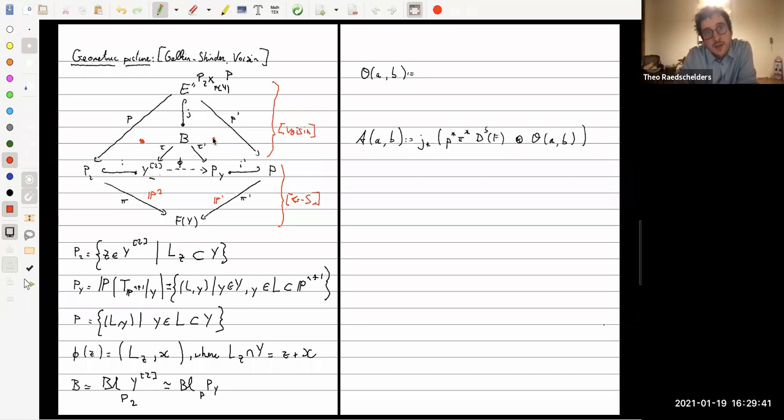On the other side, if we do the blow-up formula, we get a decomposition of B in terms of Py and P. Py was a projective bundle over Y, so this reduces to several copies of our cubic surface. And P is again a projective bundle over Fy, so we get copies of Fy.